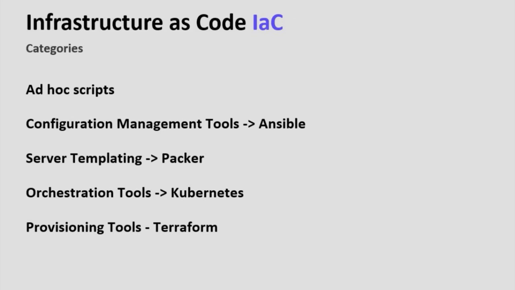We have a server with our application installed, let's say a Linux machine with software installed on it. With Packer, you create an image of that machine and can deploy this image on many different cloud providers. There are also orchestration tools like Kubernetes, which we use to orchestrate our containerized applications, and we have Terraform for provisioning resources on the cloud.